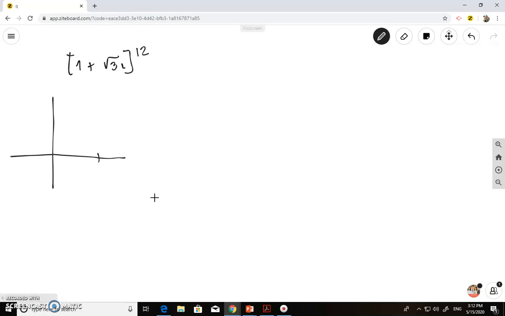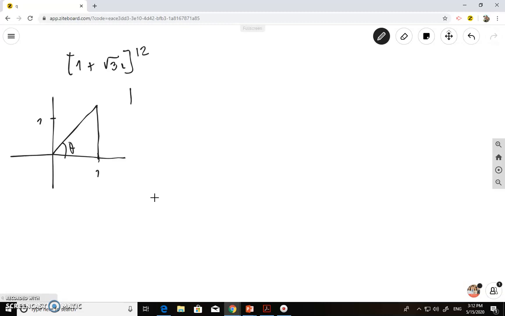And the square root of 3 is approximately 1.7. So the graph is around here. This one is 1, this one is 1.7. This one is our theta.